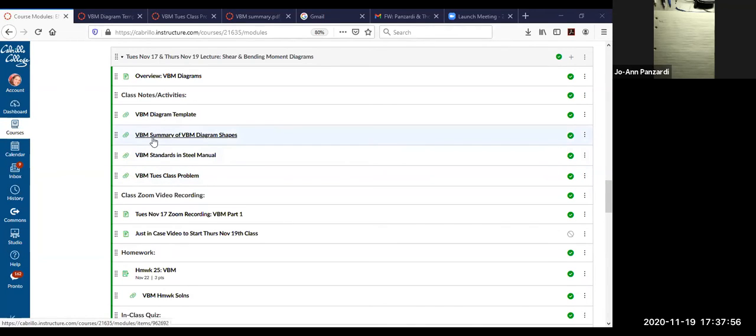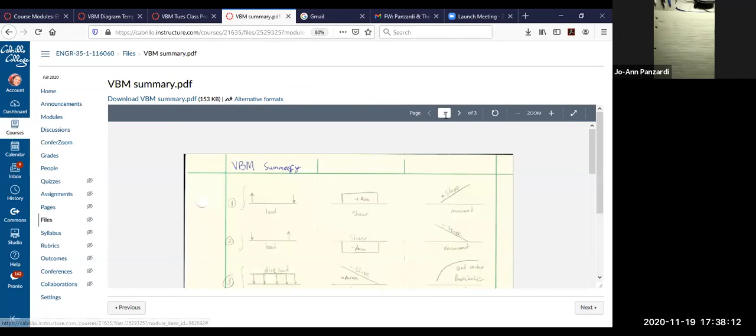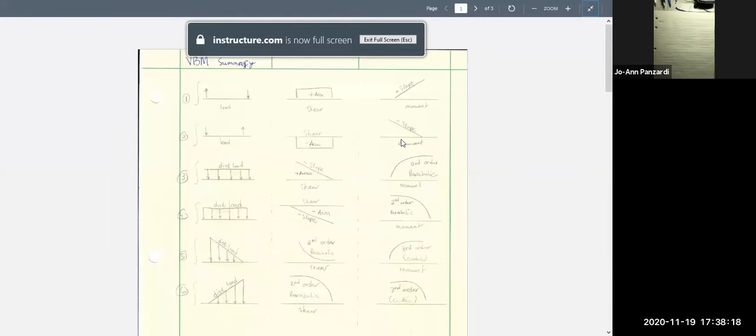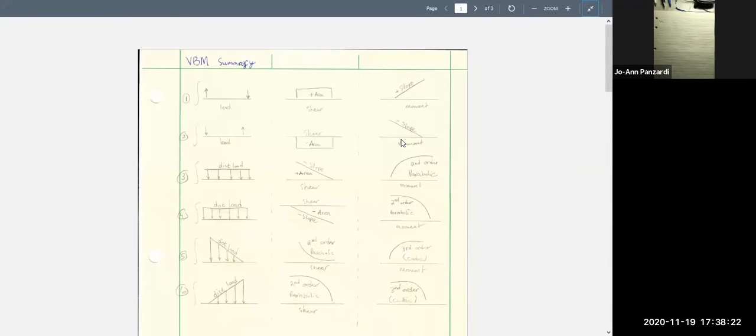And now what I want to open up is this. This is shear and bending moment diagram summary of diagram shapes. So I'm going to open up that. That was not it. Okay, let me move my pictures again. And I'm going to go down. Everybody take a look at the screen for a minute.